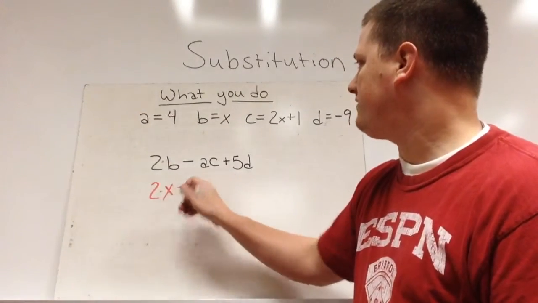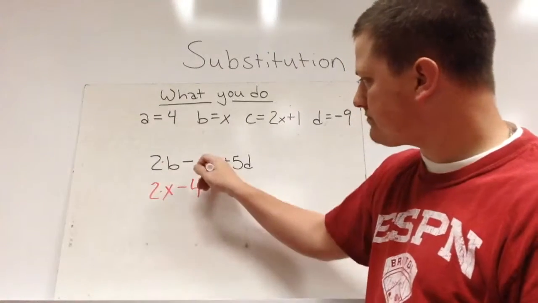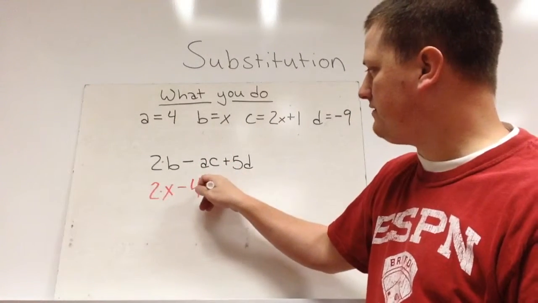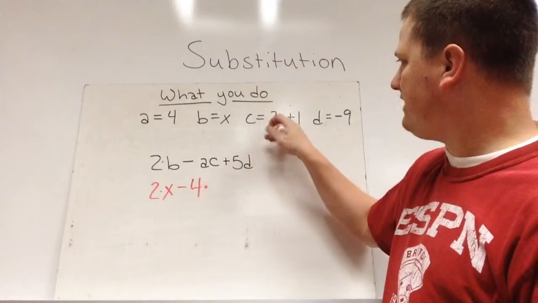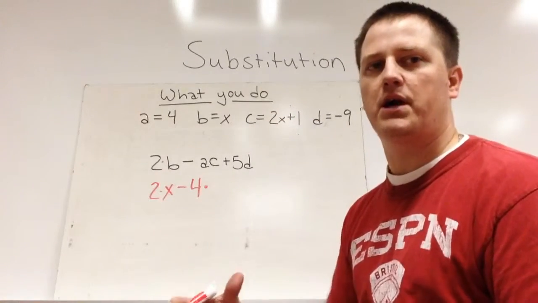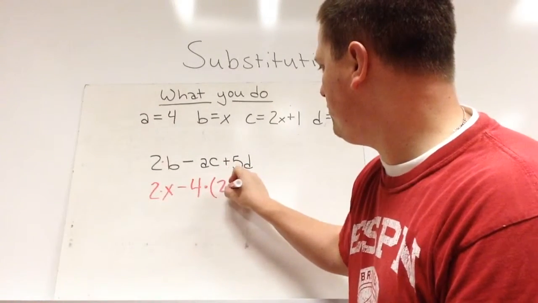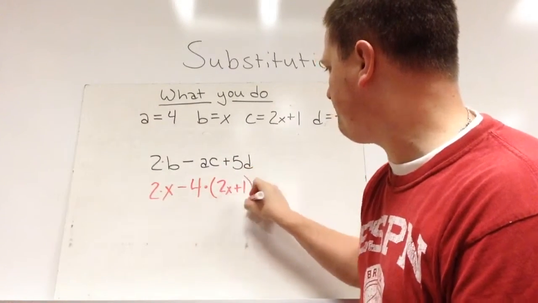Then we've got minus. Our a value is 4, so we're going to bring down a 4 there. A letter next to a letter means times. Then we've got c, which is 2x plus 1. Anytime you have something more than just one number, you need parentheses around it when you put it in. So (2x plus 1).